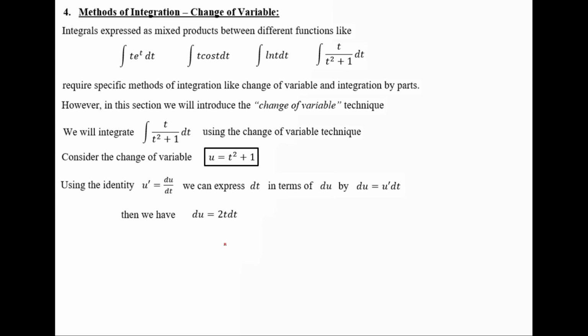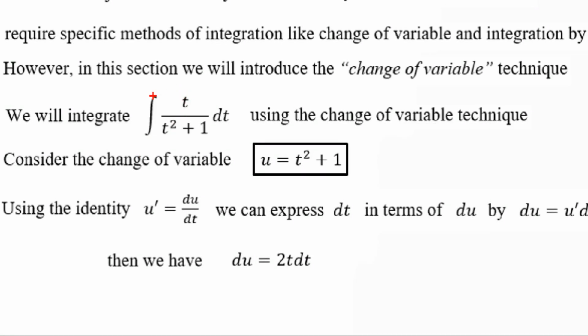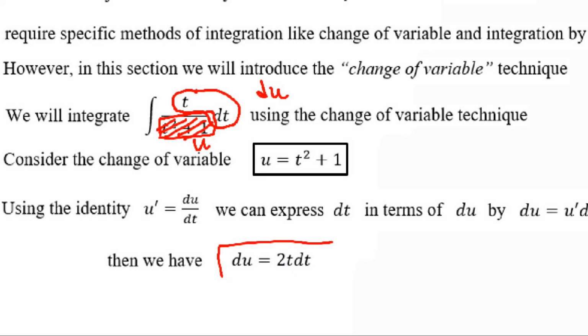The idea behind this step is to convert the integral completely, instead of being parameterized by t, to be parameterized by u. The first thing that we have done is change this into u, so we are done with this. But what is left is to convert t and dt into du, and this is done by the differential step, because now if you notice carefully, we have achieved this relation.